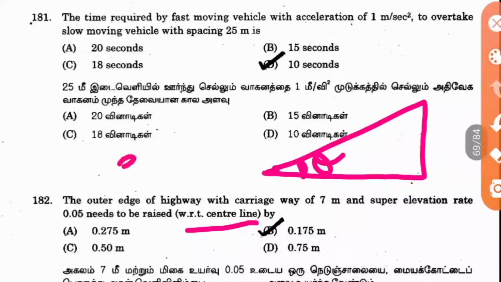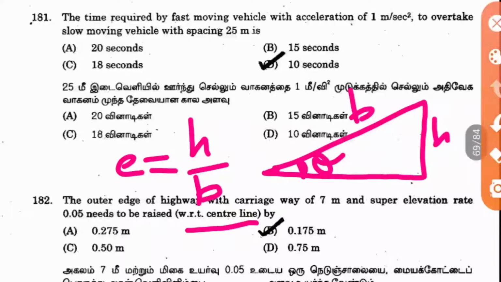Okay, so E will be generally equal to this h by b, which is sine theta. So sine theta will be equal to opposite by hypotenuse, no? So it will be h by b. So the h we are getting here will be the total amount of the super elevation to be raised from this point. Okay, so if you want from the center line, it should be divided by 2.